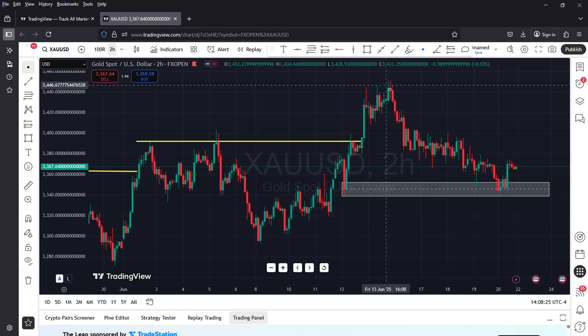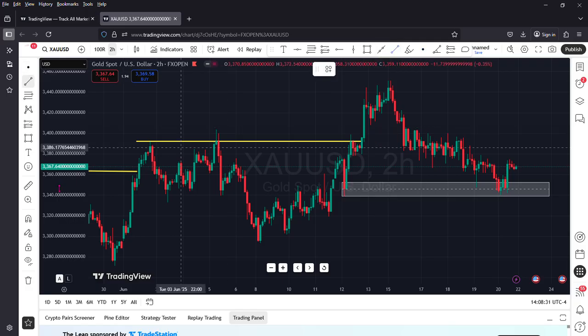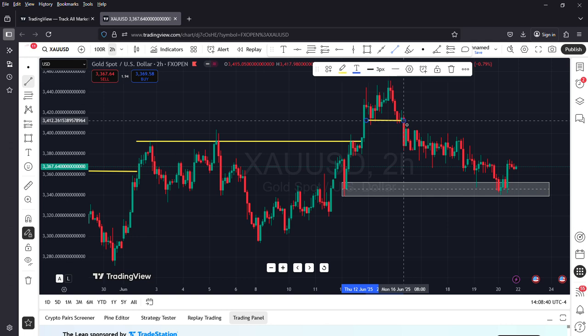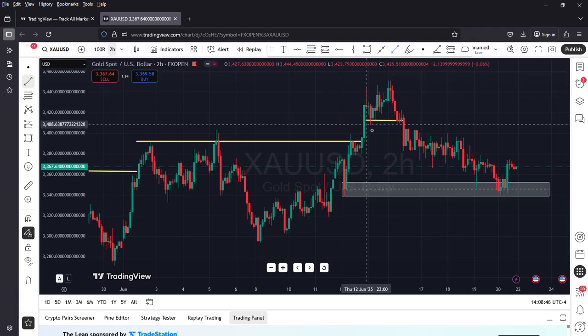So coming down now, we find the market has done something like a selling zone. The market has turned back. You see, change of character. Change of character. Come to this area. Break of structure.